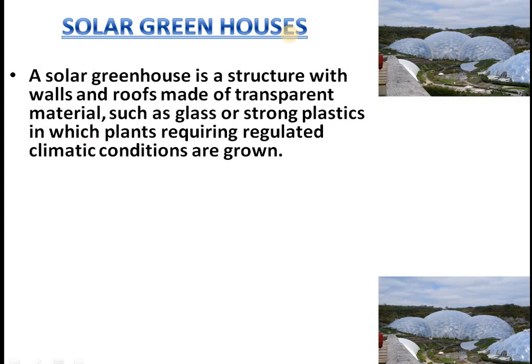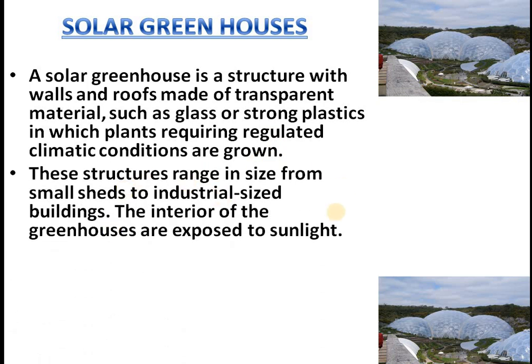So it is a structure with walls and roofs made of transparent material such as glass or strong plastics, in which plants requiring regulated climatic conditions are grown. These structures range in size from small sheds to industrial-sized buildings. It can be used for commercial purposes and for domestic purposes.